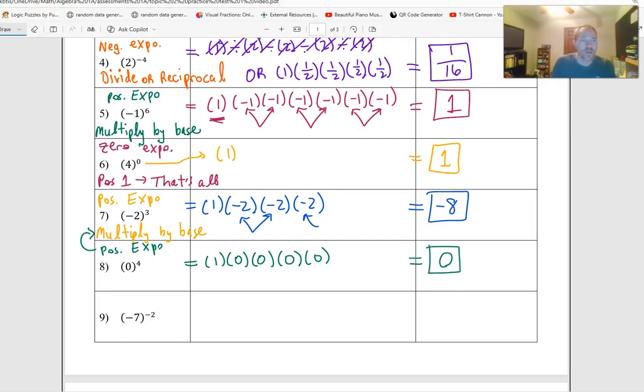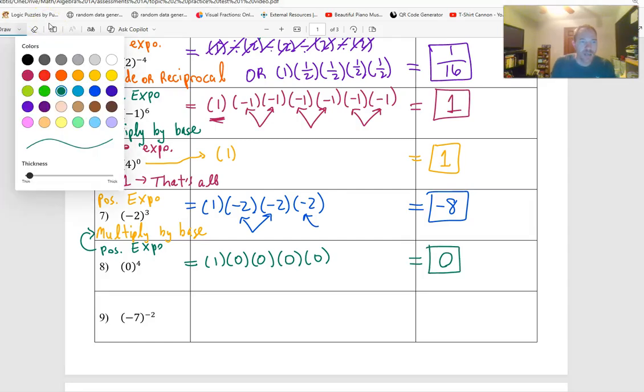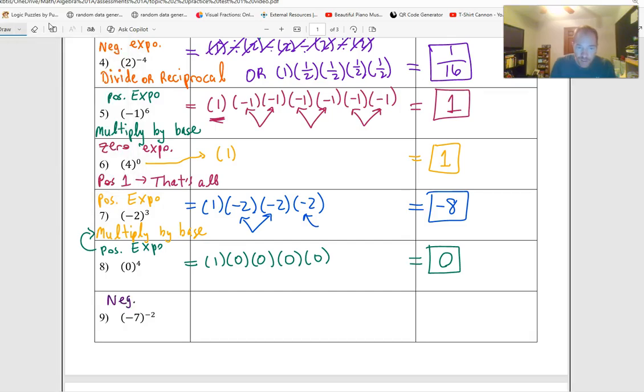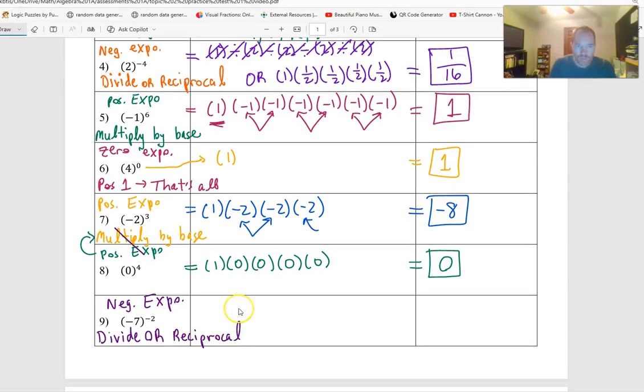All right, 1 more here. This last one, we've got a negative exponent. So what does that tell me to do? Negative exponent, I can either divide or I can multiply by the reciprocal. And again, I'm going to skip doing the division entirely because I know if I'm going to evaluate this, it's going to be easier to use the reciprocal.